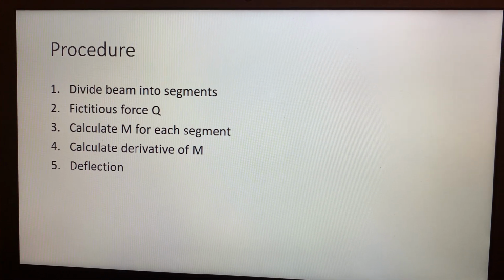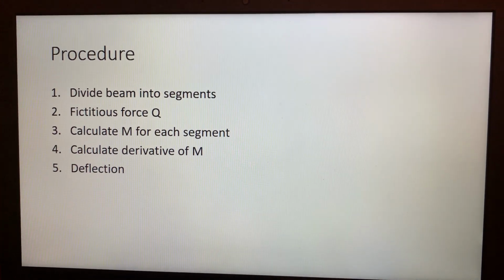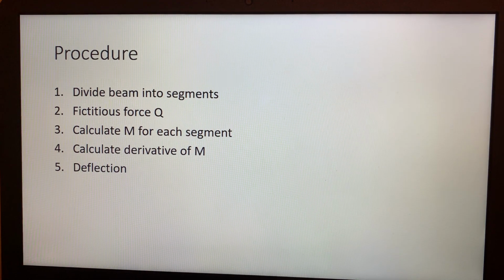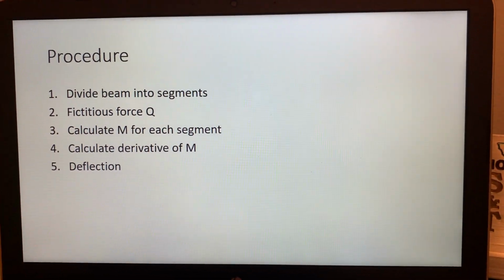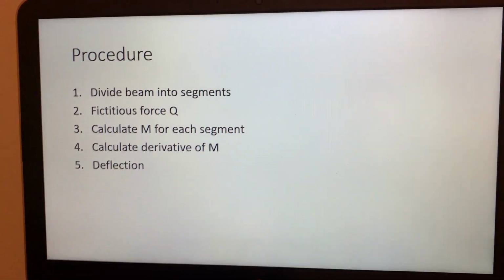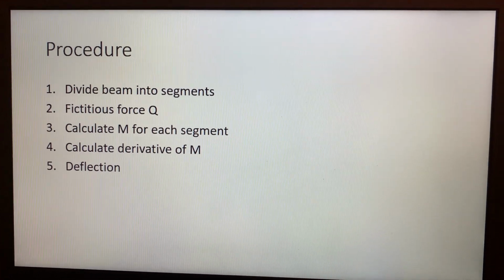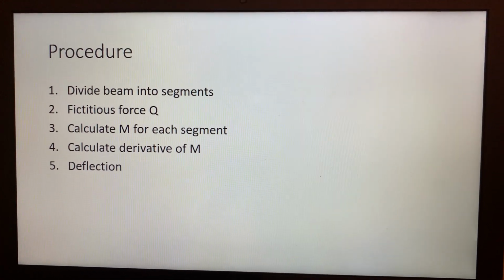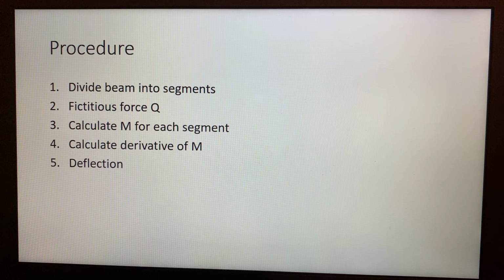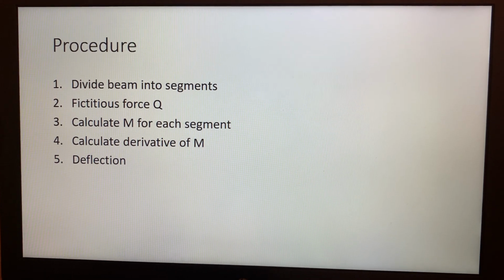It depends on what you're looking at, how the problem looks, and how many different geometries there are. And so we want to know how to divide it up correctly to give us the easiest solution.